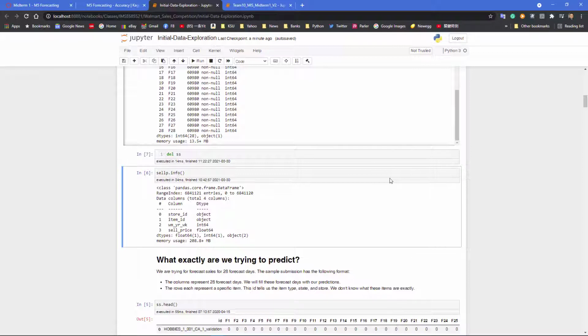Some of you asked a question before. If we want to delegate the work from one group member to another, maybe one of us does store by store, the other one does category by category, do we have to read the raw data twice? You don't have to.